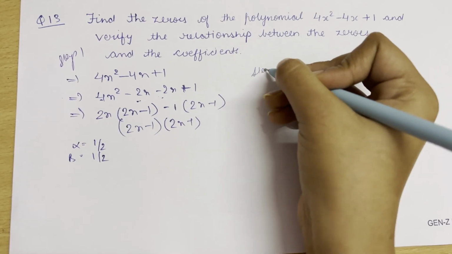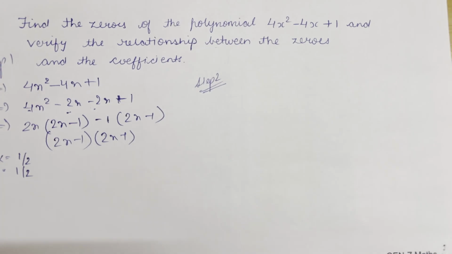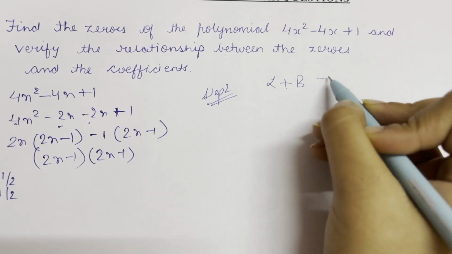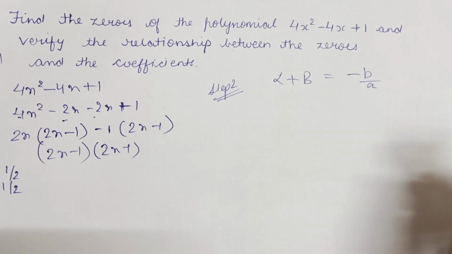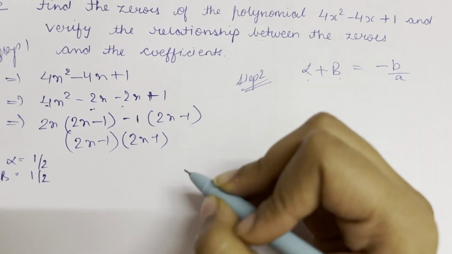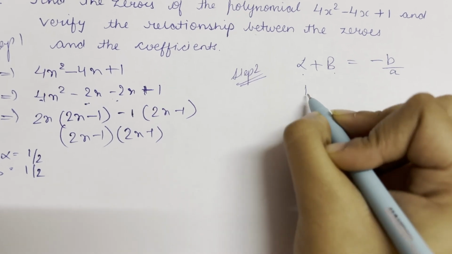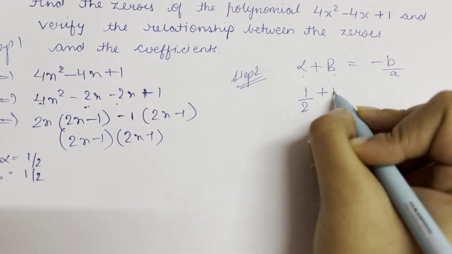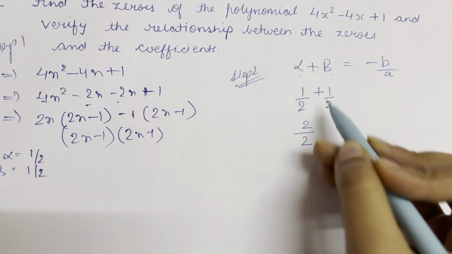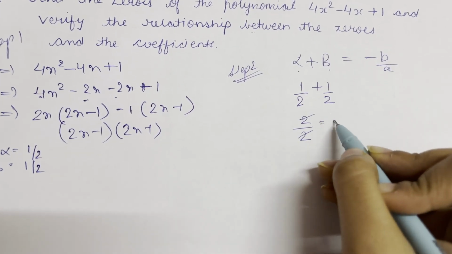The step 2 is, now we need to verify it. So what we'll do for the verification, alpha plus beta should be equals to minus b by a. Now we need to find this alpha plus beta by actually adding these two. So 1 by 2 plus 1 by 2, I'll get 2 by 2, which will be equals to 1.